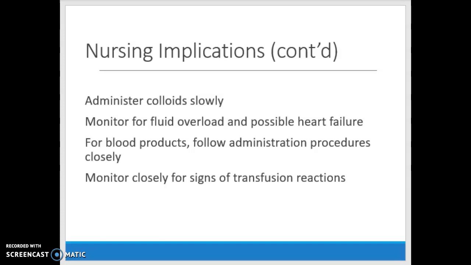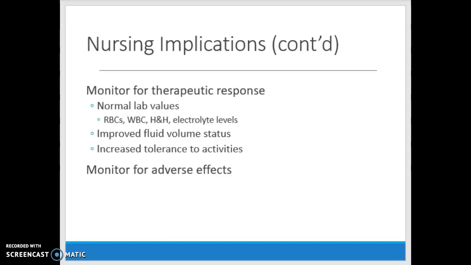Just be sure you know your facility policy for that. We're going to monitor closely for signs of transfusion reaction. Often, a transfusion reaction starts with the patient complaining of low back pain. So make sure you know the signs of the transfusion reaction.